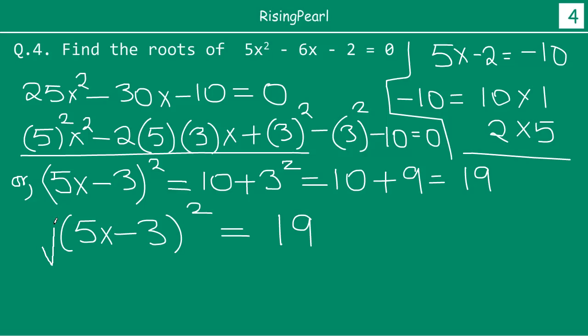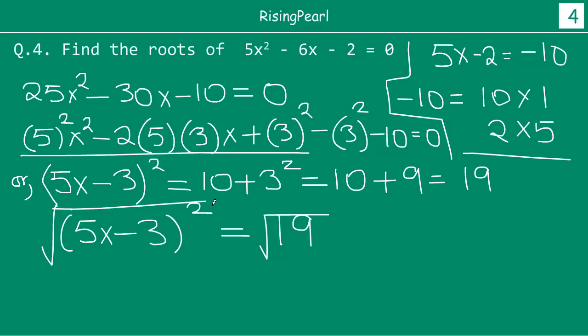Now taking square root on both sides, this is the advantage of the completing the square technique: if we can get all the terms of x into one whole square, we can simply take a square root.